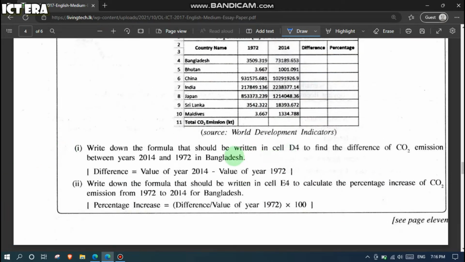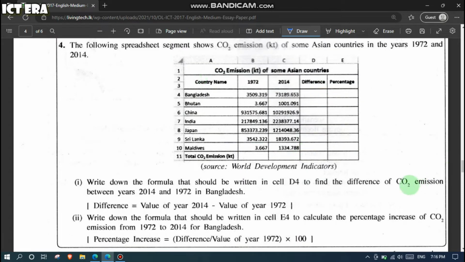Write down the formula that should be written in cell D4 to find the difference of carbon dioxide emission between years 2014 and 1972. So the clue is the difference equals the value of year 2014 subtract the value of year 1972. So what is the formula that we should enter?